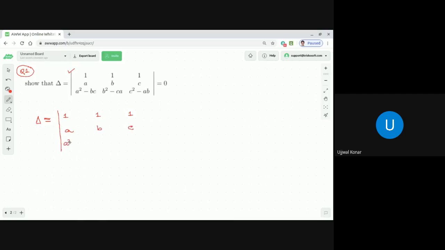Now a square minus bc, b square minus ca, and c square minus ab. This is the determinant. Now what comes to our mind is that, so what we are going to do is that I want to subtract the second column from the first column.